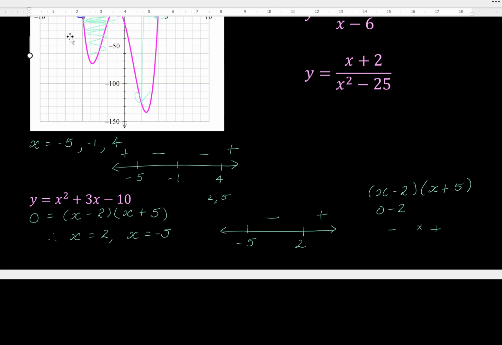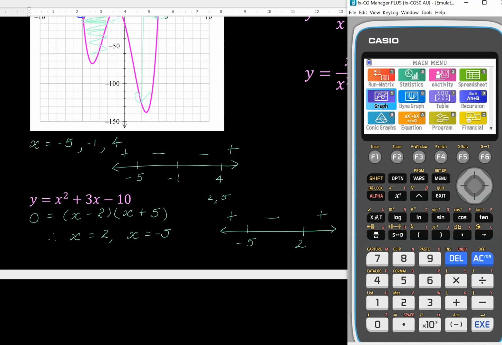Well, it's negative. Then we do the same, picking a number less than -5. I'm going to go -10. What a surprise. -10 take 2 is a negative answer, -10 plus 5 is also a negative answer, so a negative times a negative gives me a positive.